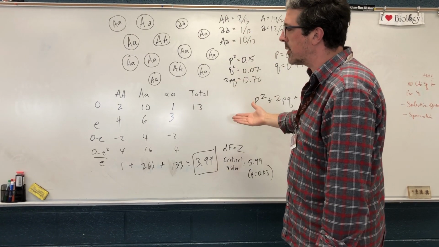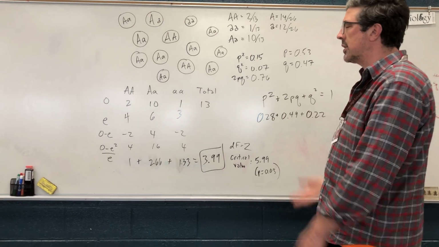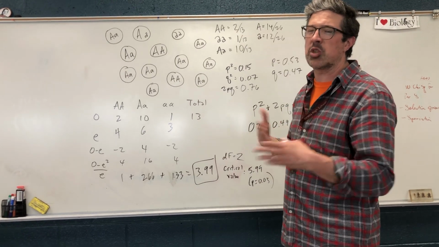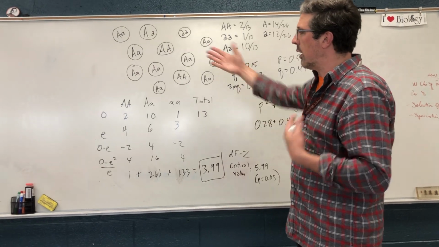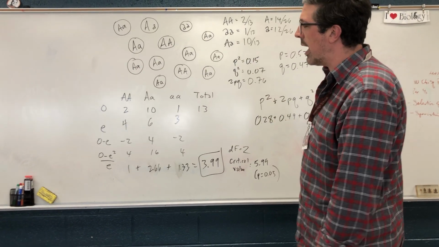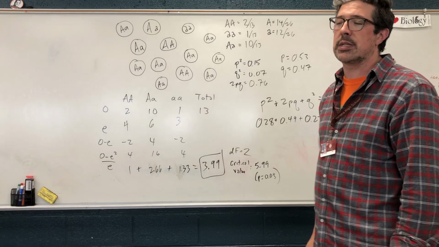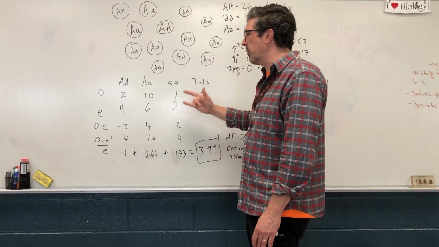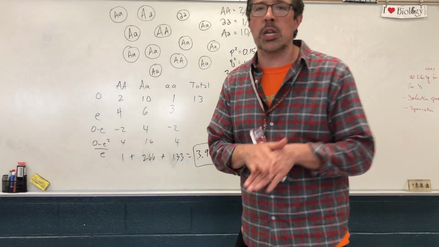There's such a small sample size here that our chi-square calculation is saying, you have a really small sample size, it's probably due to random chance that there are more heterozygotes than expected, and in fact, you should accept the null hypothesis that says there is no statistically significant difference between observed and expected. And that is the end of this video.